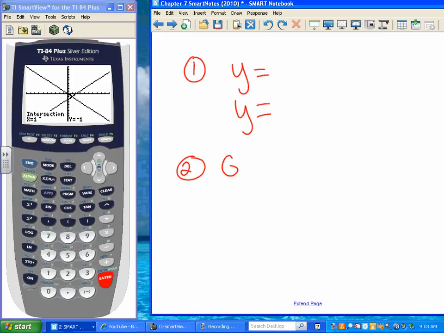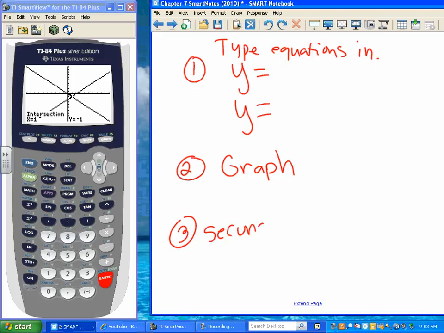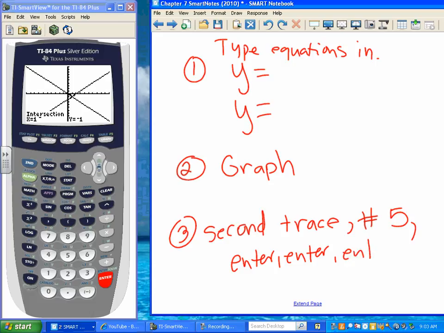Step 2, hit graph. And then step 3, you're going to hit second trace, which really means calculate. Second trace, number 5, and then enter, enter, enter.